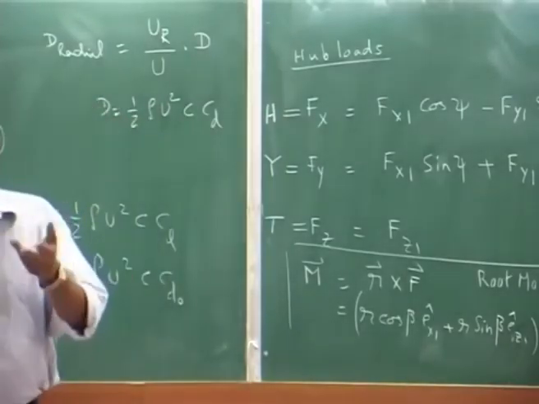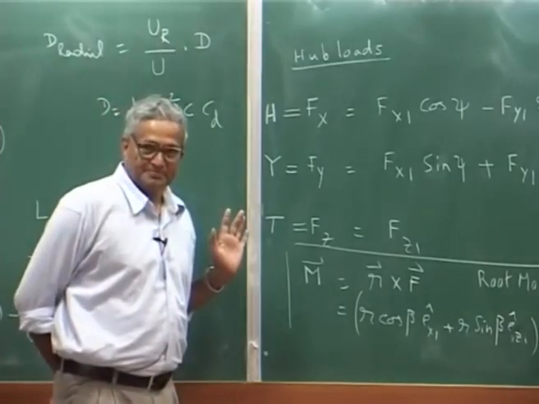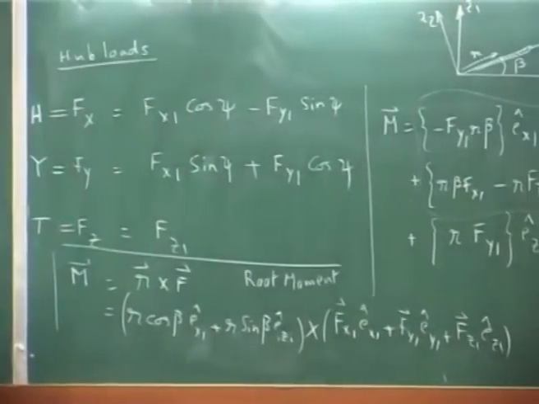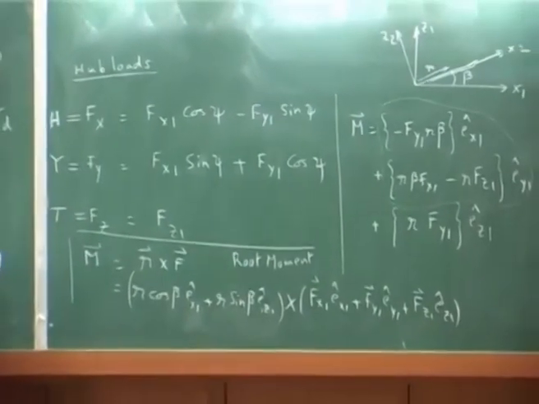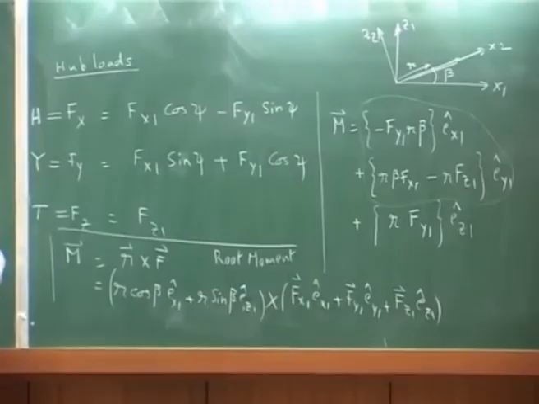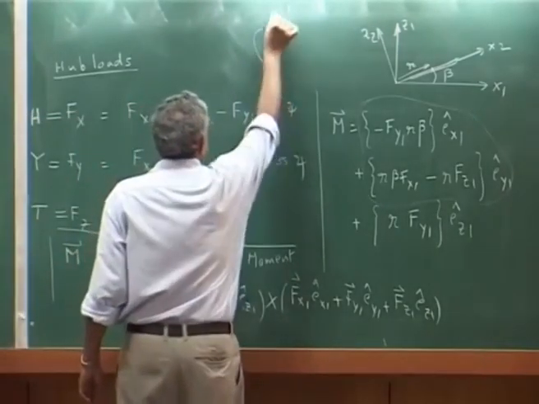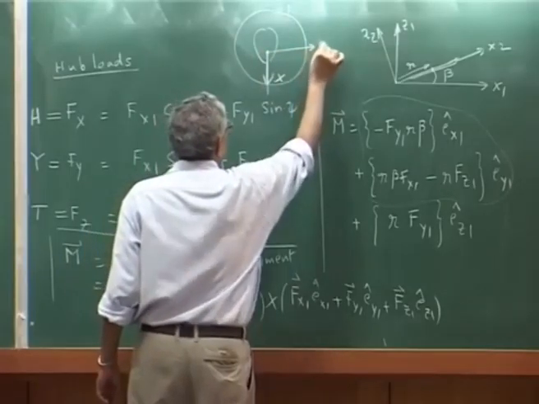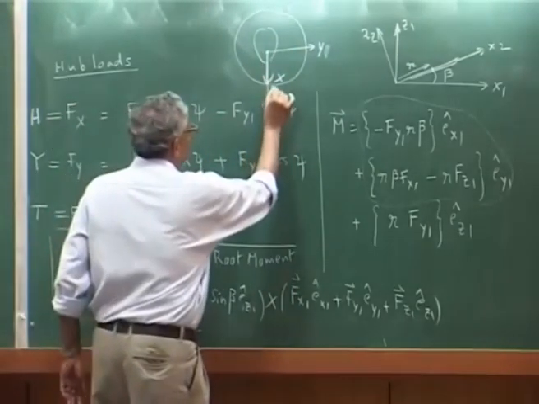This is the symbol convention we use, H, Y, T. That means H is Fx, but please remember this H is towards the tail acting on the hub, because you remember the coordinate system, x1, x is this, this is a rotor disc, and this is y, and z is up, and here is your tail.